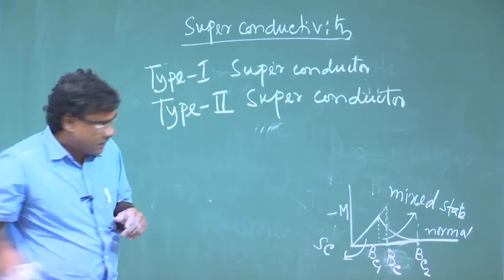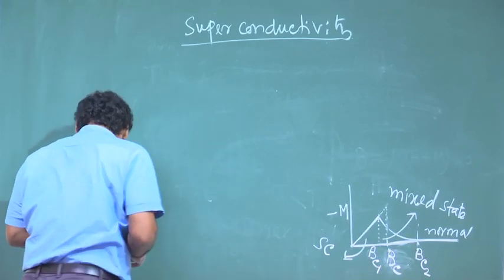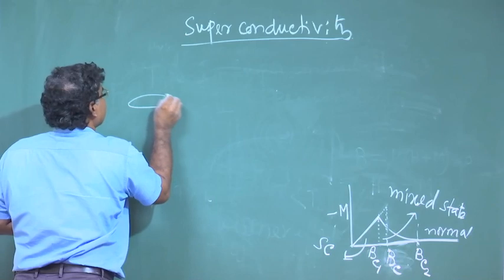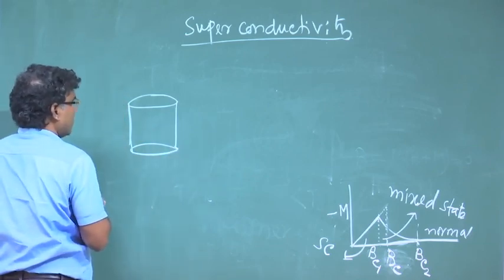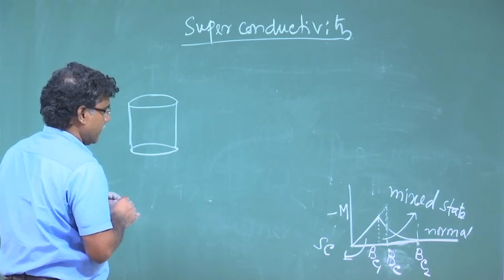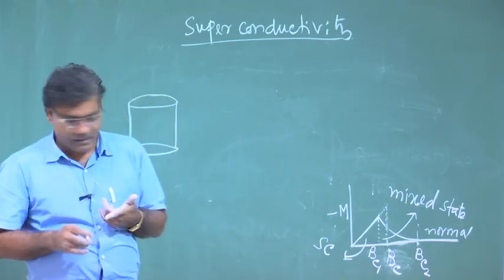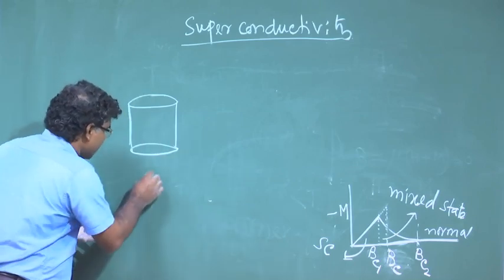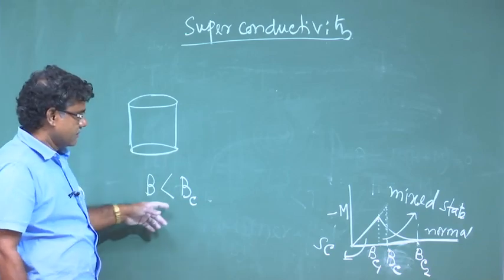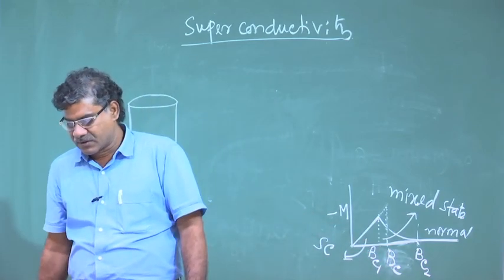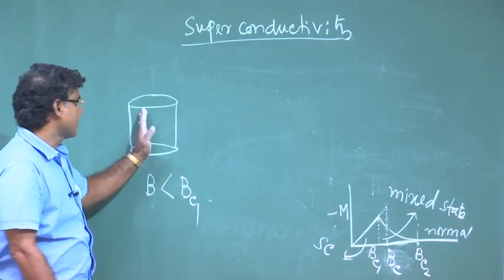Now, a very interesting event. If you take a type 2 superconductor, say in cylindrical form, and put it in a magnetic field and vary the magnetic field, when the magnetic field B is less than BC, for a type 2 superconductor less than BC1, it is the pure superconducting state.